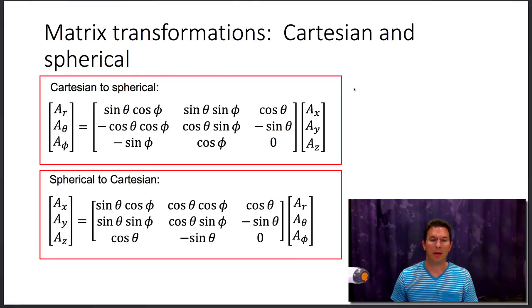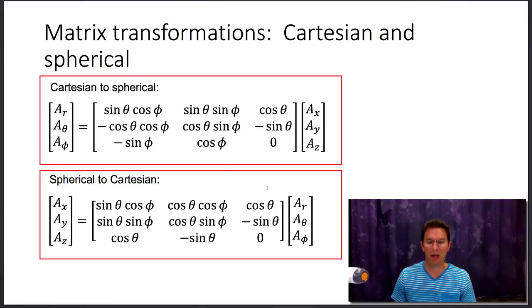Again, there are some simple algebraic relationships that I won't go through in this case, but they can be written down in terms of a matrix vector product. So again, if you start in Cartesian coordinates and you want to go to spherical coordinates, you take this matrix vector product.